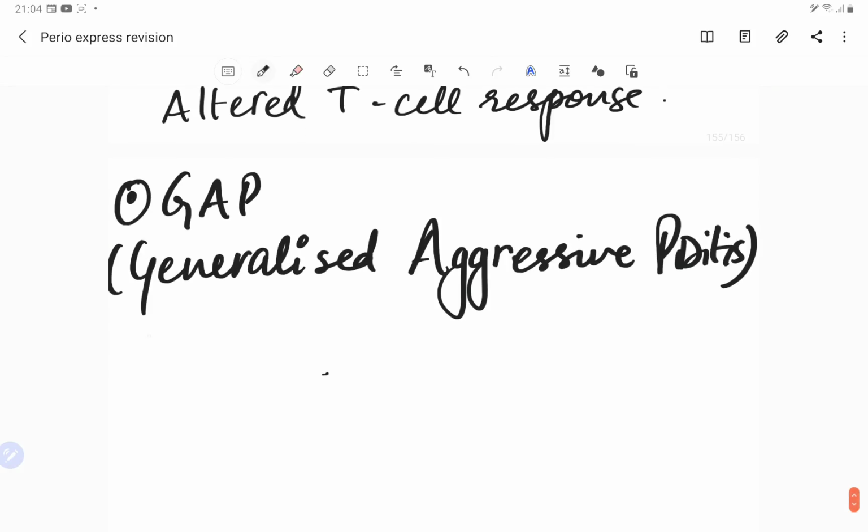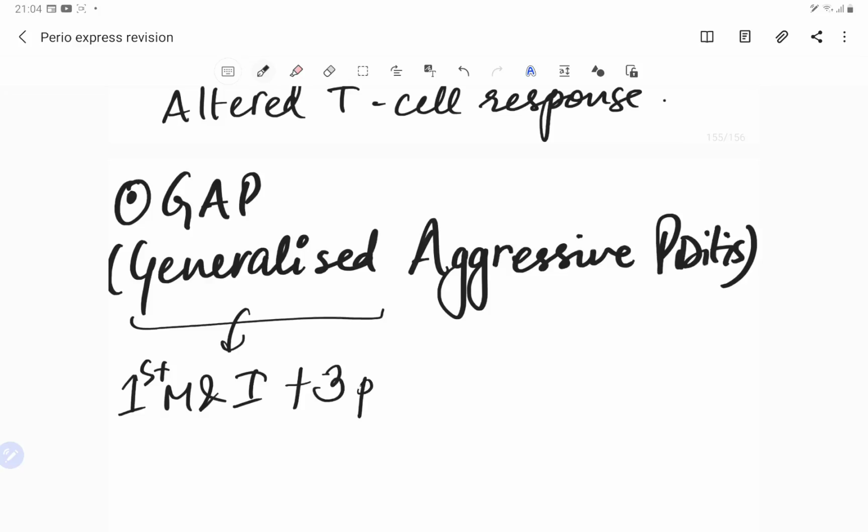So when there is an interproximal attachment loss on at least 3 permanent teeth other than the first molar and the incisors, plus at least 3 permanent molars.